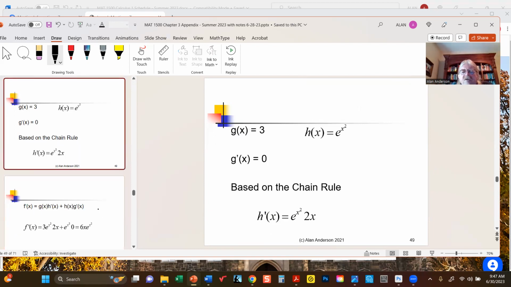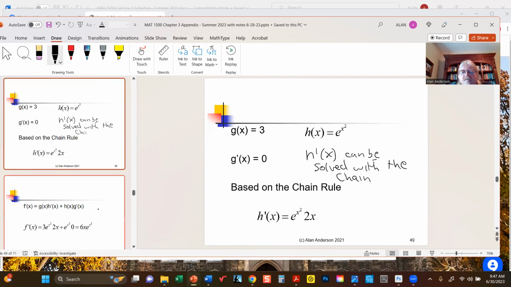So what do we do about h prime? All right. So here's the general statement of the rule for an exponential function.